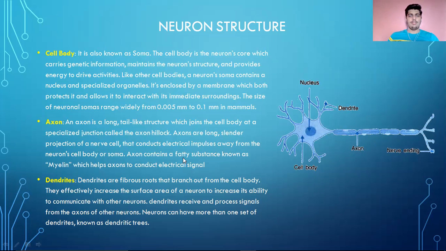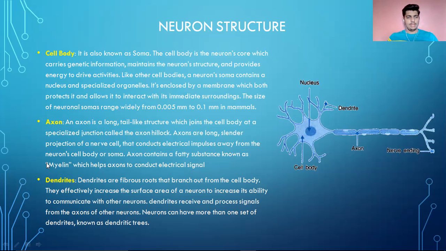The axon contains a fatty substance known as myelin, which helps the axon conduct electrical signals. If that was not present, it might not conduct those electrical signals and might not be able to communicate with other parts of the body.